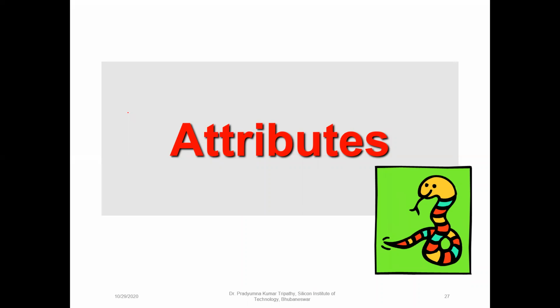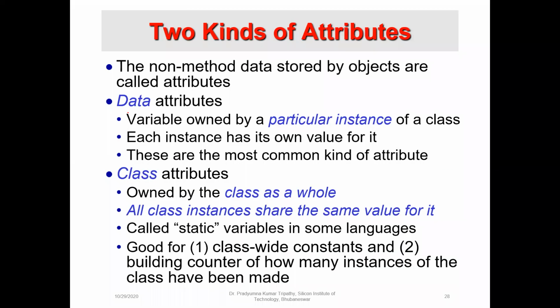The attributes. There are two kinds of attributes. The non-method data stored by objects are called attributes. Non-method data: if it is not a method, it must be data. So those are attributes for an object. One kind is data attributes and the other is class attributes.